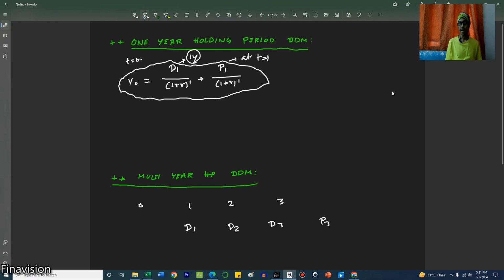Now your value at the present moment becomes D1 by 1 plus r to the power 1, plus D2 by 1 plus r to the power 2, plus D3 by 1 plus r to the power 3, plus P3 by 1 plus r to the power 3. This r, obviously here as in the 1 year holding period, is the required rate of return.